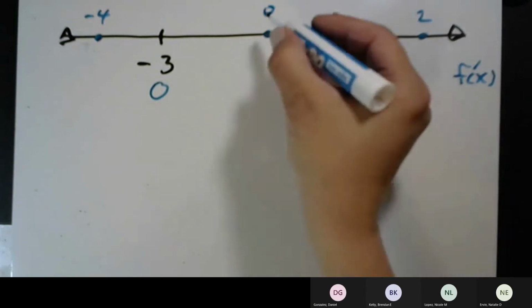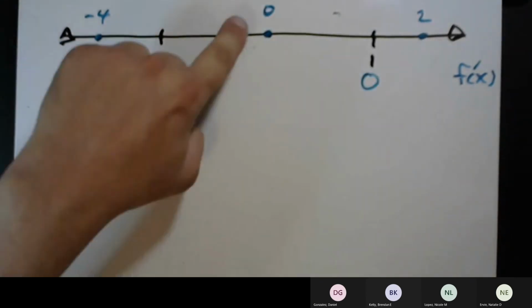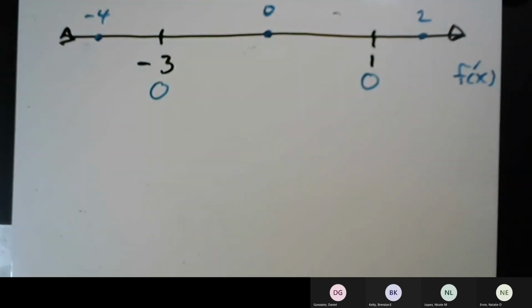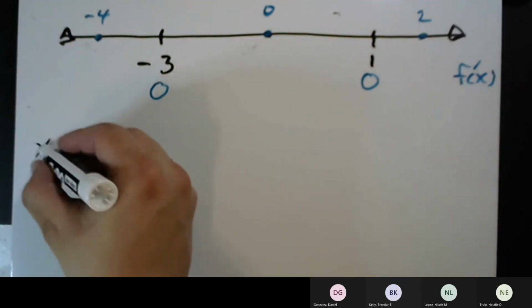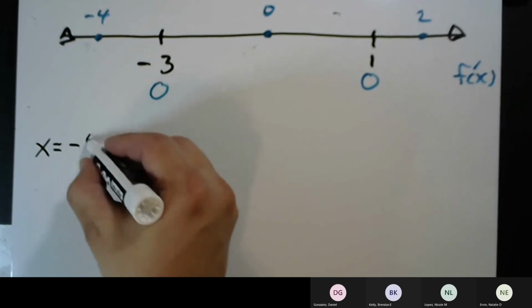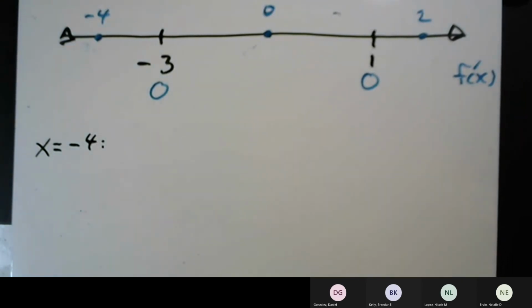So we have our test points, -4, 0, and 2. What we're going to do is look at the derivative at x equals -4.